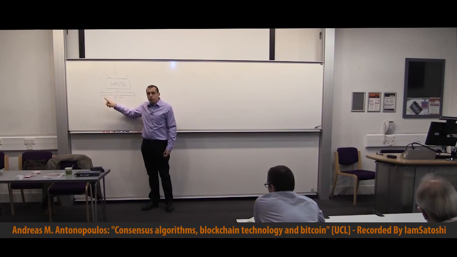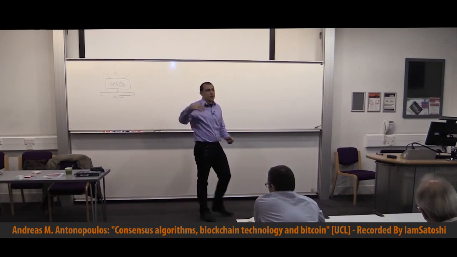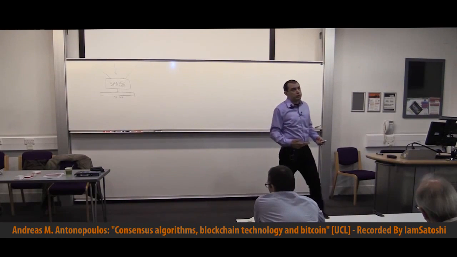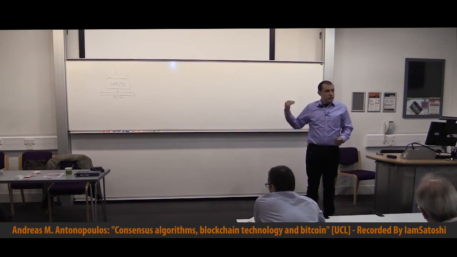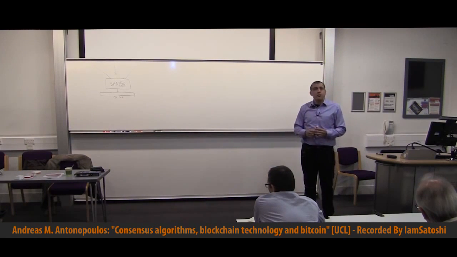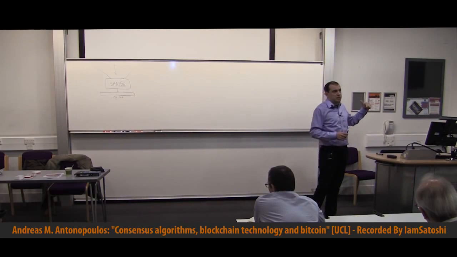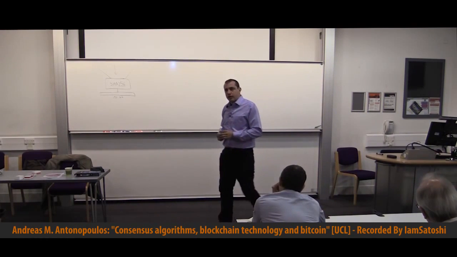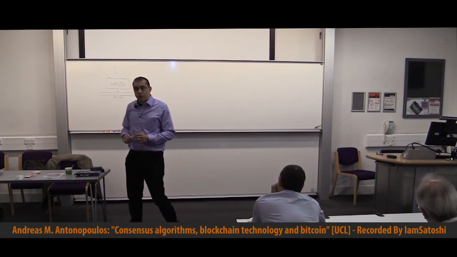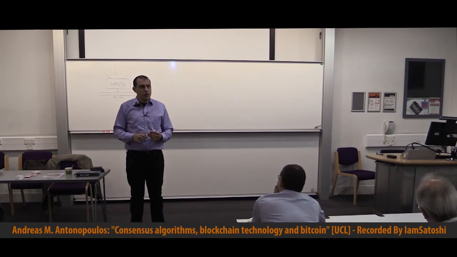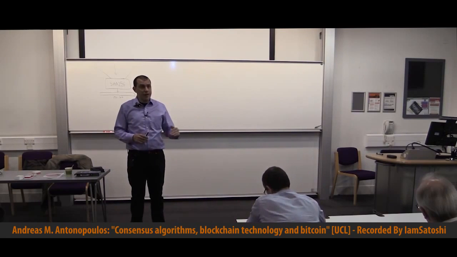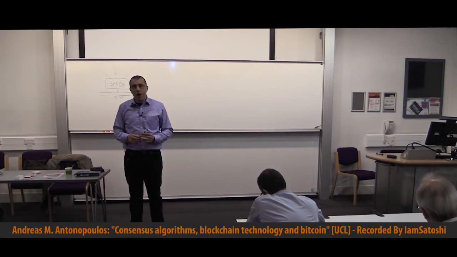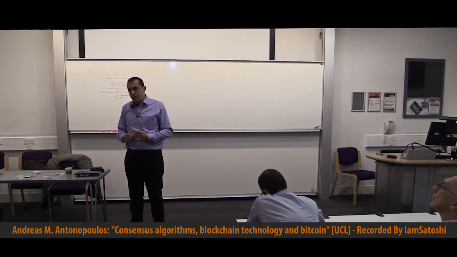If you say the first 2 bits have to be 0, you're saying the number has to be less than 2 to the 254, etc., right? So what I'm saying is generate a seemingly random number that is smaller than a specific value. That value is called the target. Specifically in Bitcoin, we call it the difficulty target, because the lower that value is, the harder it is to find one of these numbers.